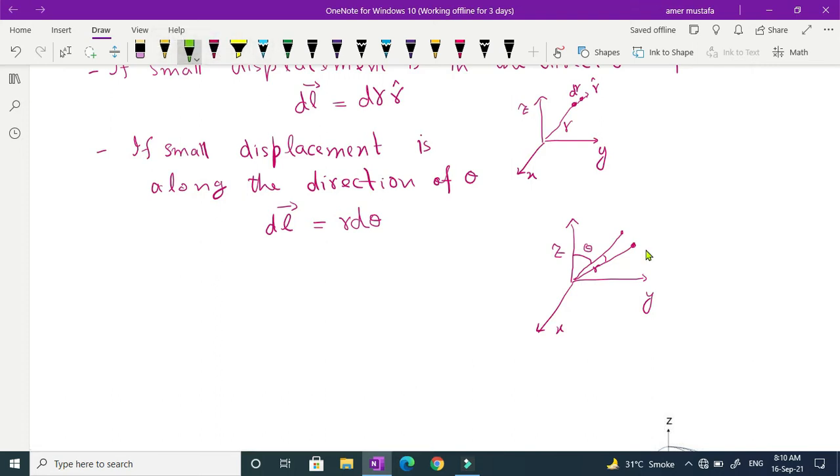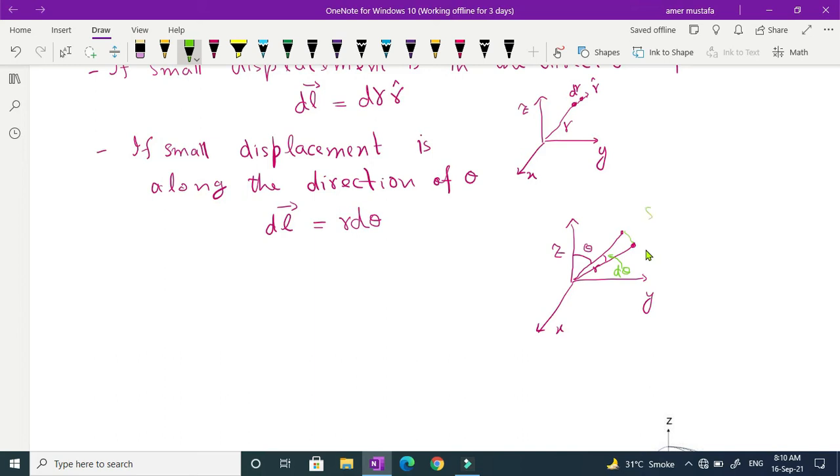What would be the infinitesimal displacement, which is the length?